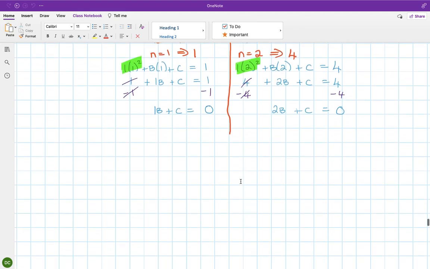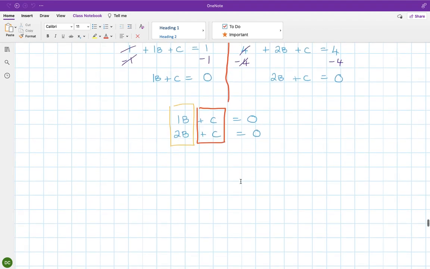All right, then one on top of the other. 1b plus c equals 0. 2b plus c equals 0. So b's and c's, I can get rid of the c's in the same way I've done every time, by making this a minus.